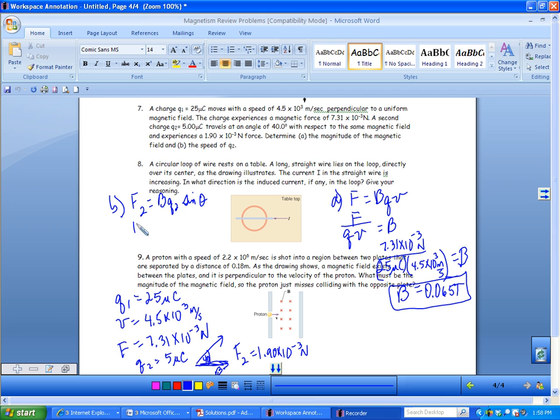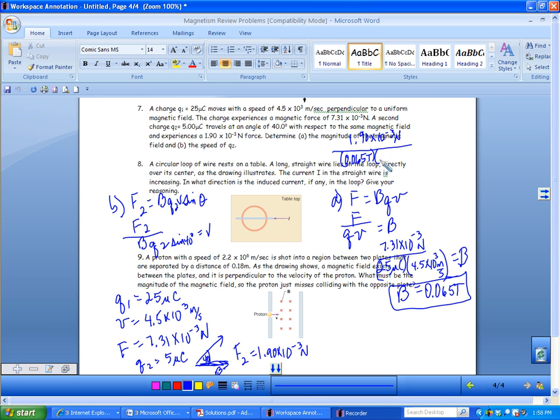So I'm going to take F2, and I'm going to divide it by B, which I know, Q2, which I know, and this should have had a V in there, and sine of 40, and that should give me my V. So I'm going to take 1.9 times 10 to the minus 3 and divide it by my B, which is 0.065 Tesla.